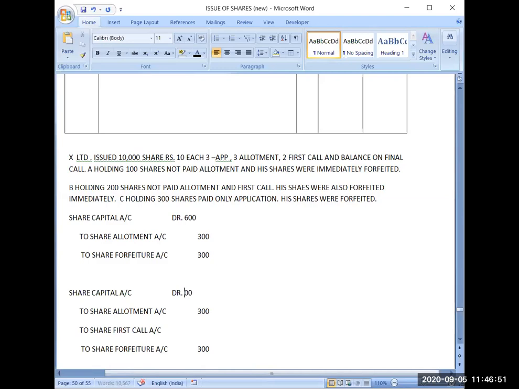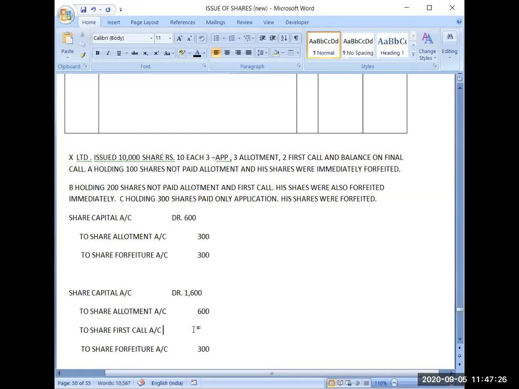Now the called up capital will be 8, so it will become 1600. Then allotment, he has not paid 200 shares, has not paid us allotment money, so it will become 600.